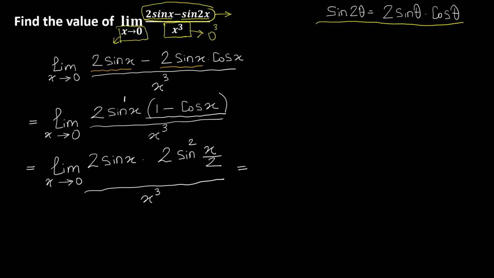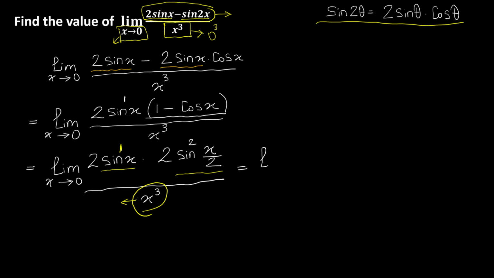Since it is x cube and I have power 1 and power 2, I will split this into x and x square, and the first sine will get x and the second sine will get x square because of their degrees.